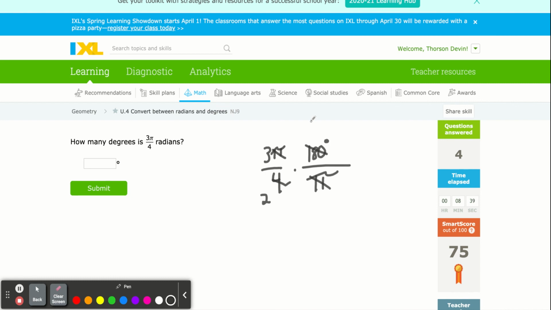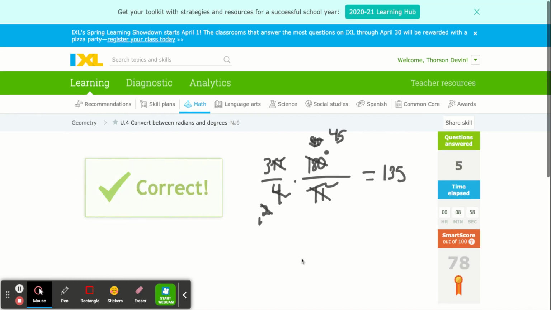This has a factor of 2, which is 90. Still a factor of 2, so that's a 1. That's a 45, because I divided by 2. 3 times 45 would be 135 degrees. So again, cross-canceling will make this much easier. You could also use a calculator if you needed to.